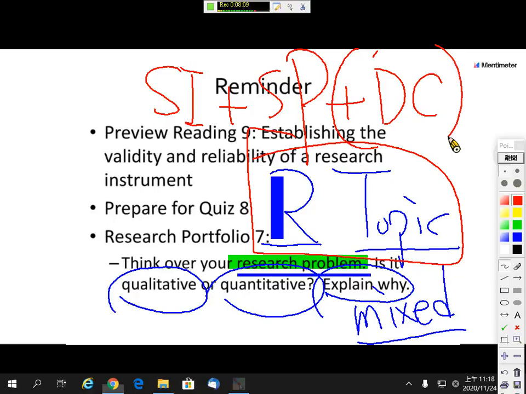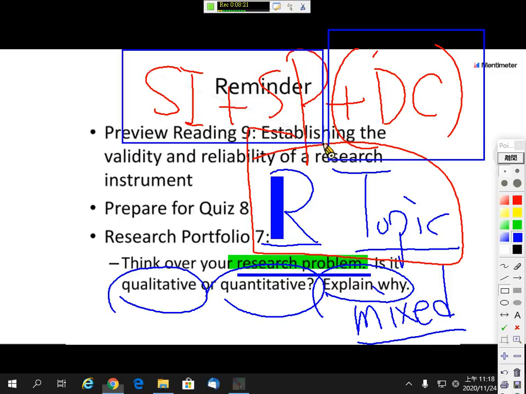But even without this, your research methods should be identifiable from the combination of these two. It should be, or otherwise it will be very strange. So put the words very carefully, because I only need your research topic to tell the nature of your study. Think about this very carefully.